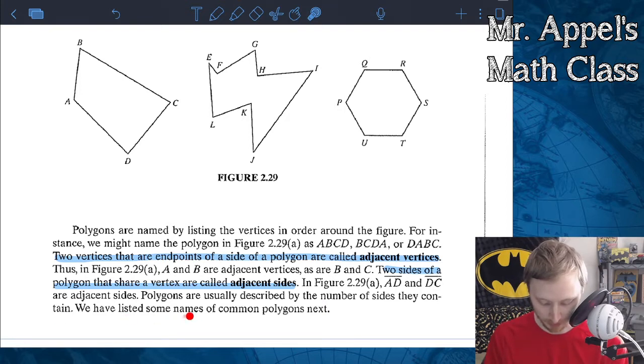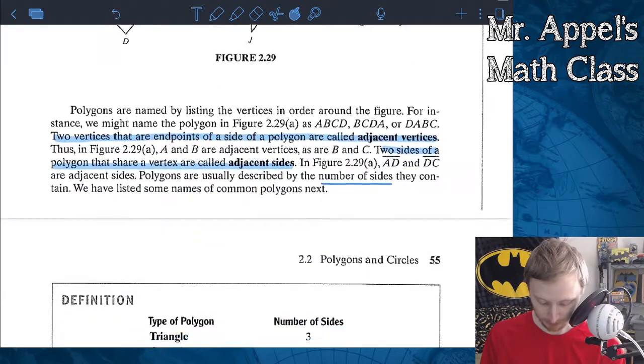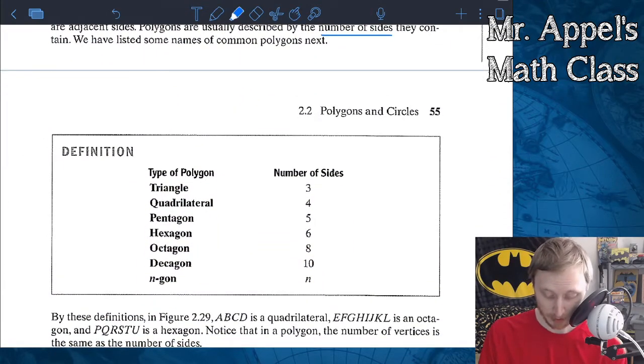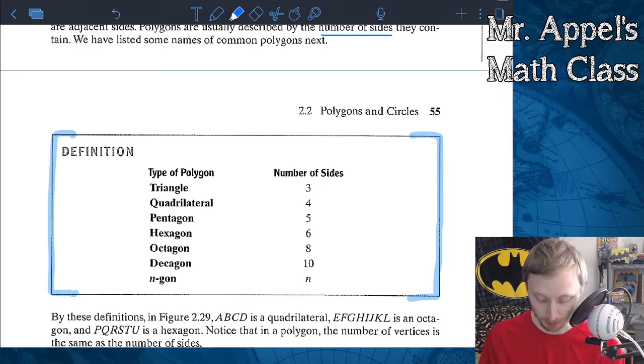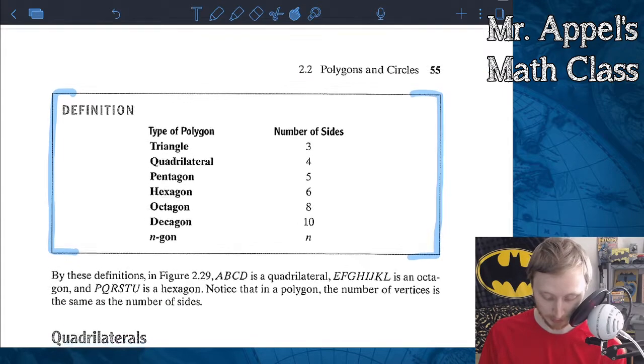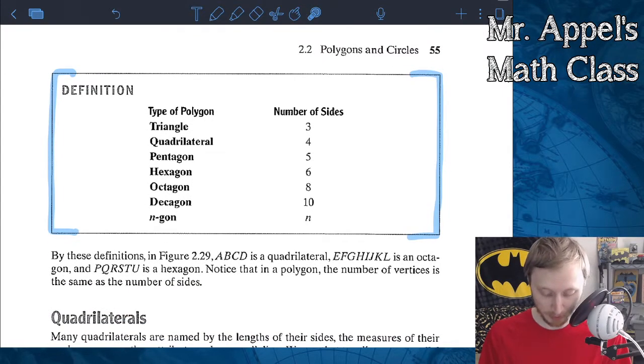We have listed some names of common polygons next. Okay? So usually by the number of sides. So here we go. If these are not immediately obvious to you, if you don't already have these memorized from grade school, put that in your notes and commit those names to memory.